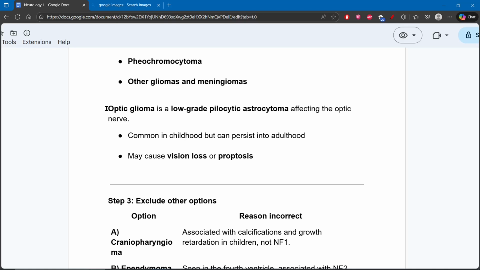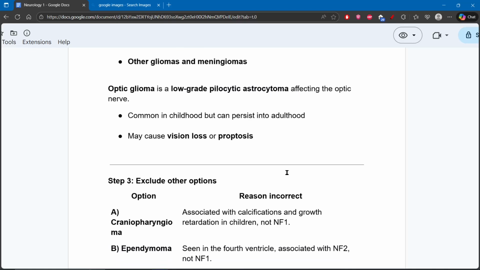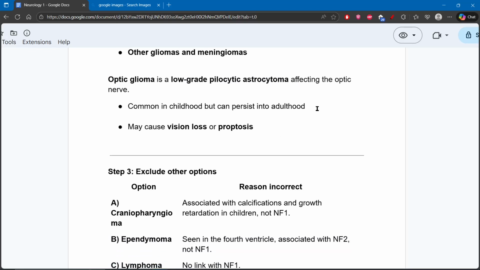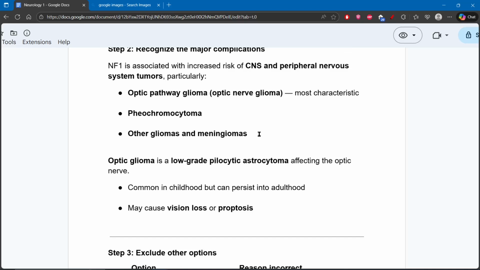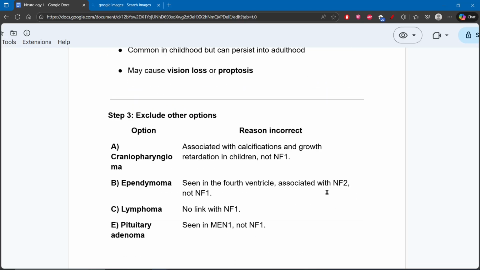Some students might not recognize the trick that they are doing. They are common in childhood but can persist into adulthood, and they might cause vision loss or proptosis. So these three tumor complications you must know with neurofibromatosis type 1.